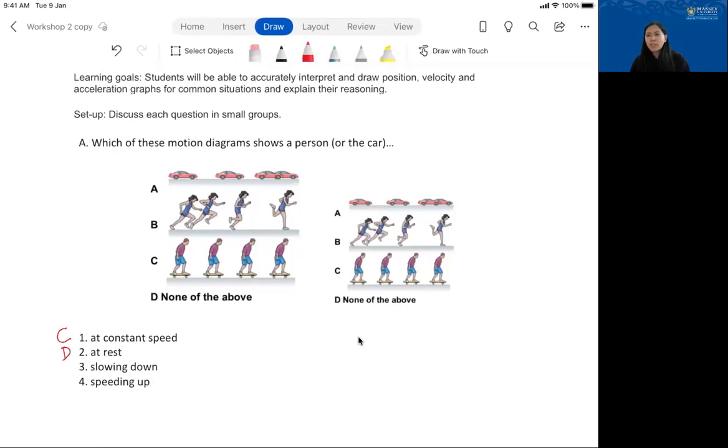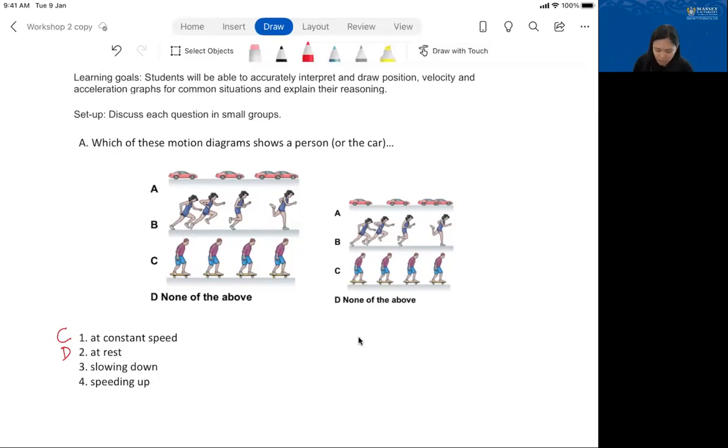Slowing down, which figure shows slowing down? So what happens when you're slowing down? When you're slowing down, the distance that you cover becomes smaller and smaller, right? So that's correct. Keelan and Nikita are correct.